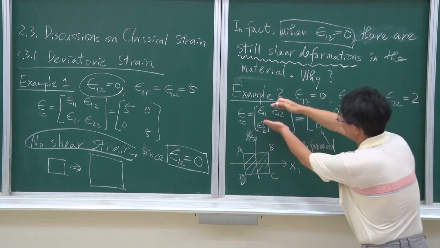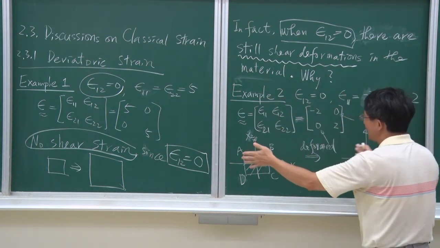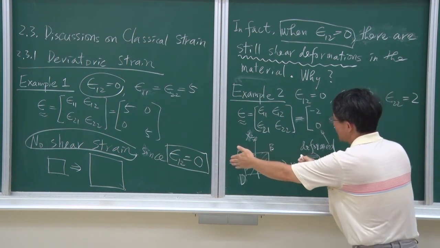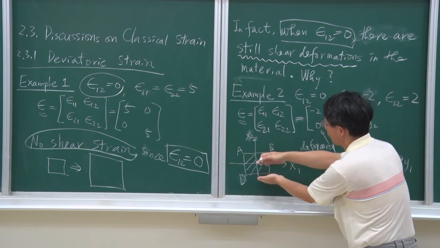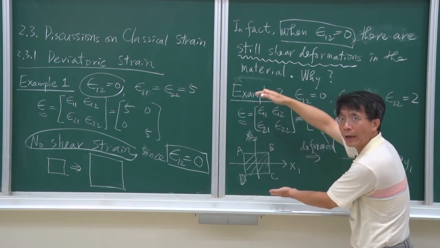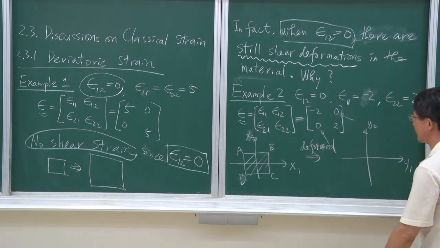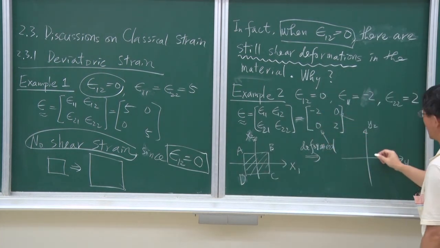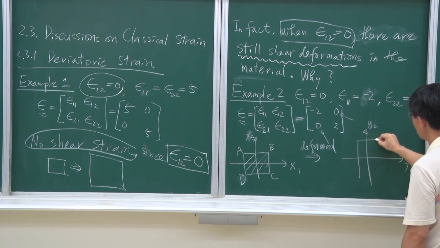Because see here, ε11 equals minus 1 means that in the x1 direction it contracts, and in the y direction it extends. So we will end up with a result like this, approximately.